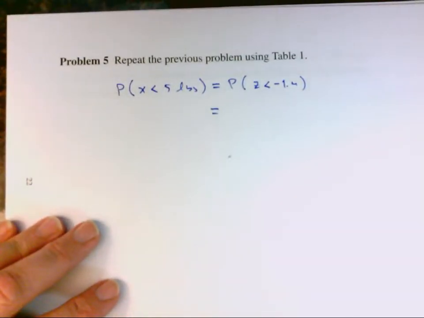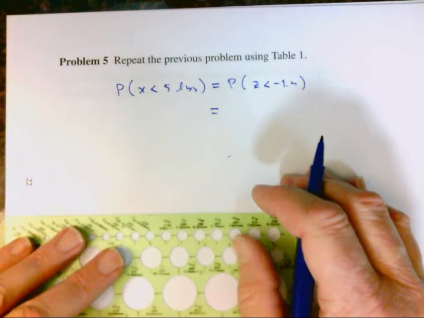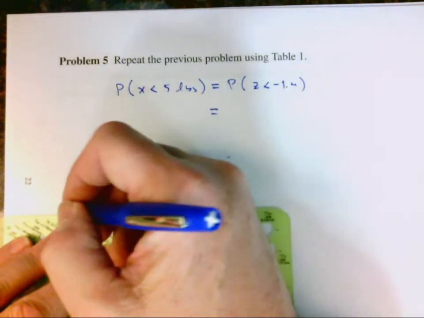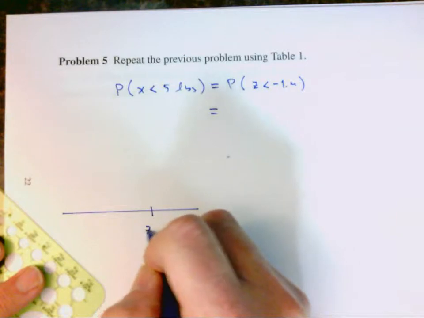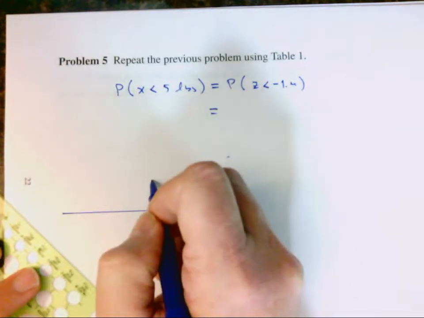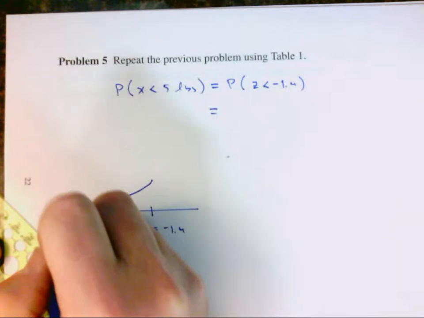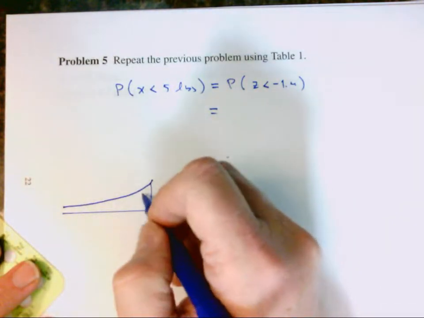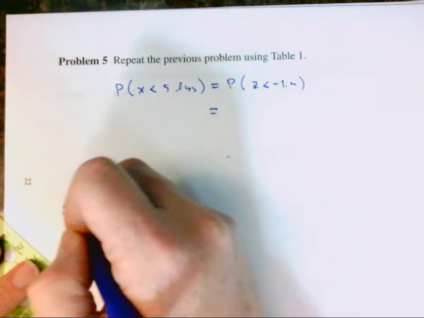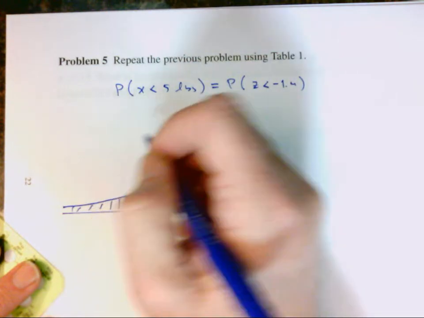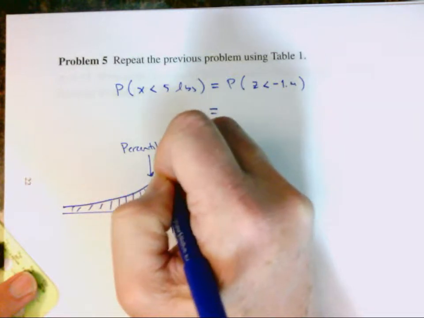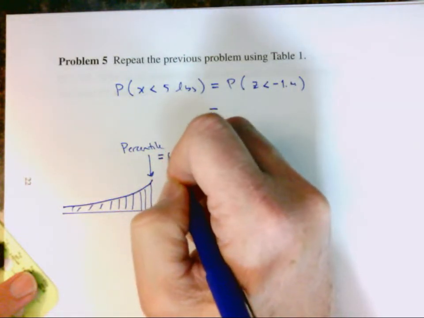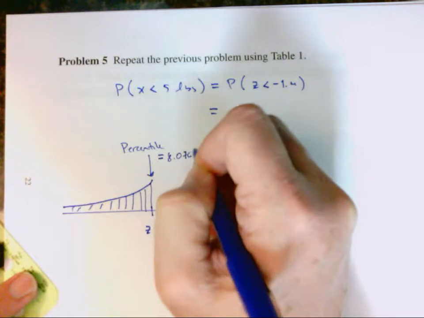Okay, so what that means is that in the normal distribution, if we've got a z of negative 1.4, we've got the tail of the distribution here that we saw a few seconds ago. This corresponds to a percentile that equals 8.076%.